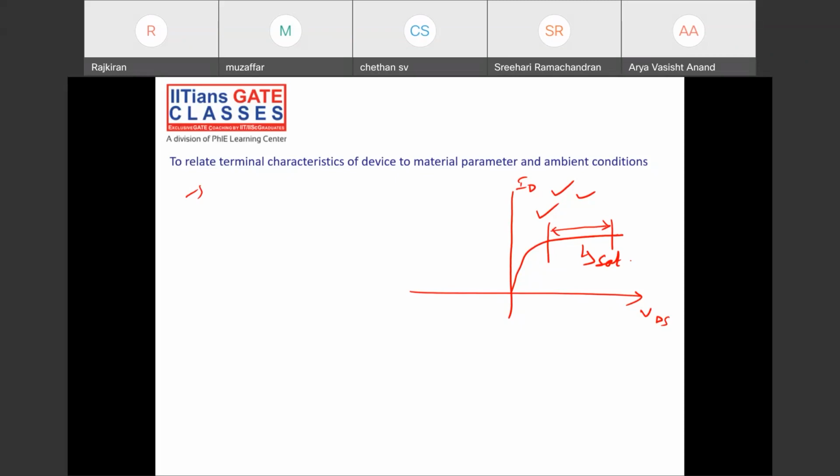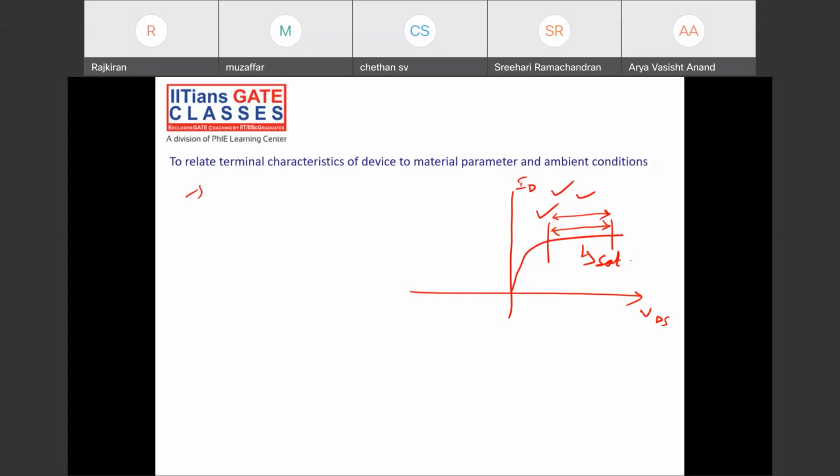One more time: why does my MOSFET need to be operated in this region, called saturation, in order to behave as an amplifier? Clear? All of you clear? Yes, sir. Okay, so you take this question, think, and come up with the answer in the next class. I'll ask you and you should answer.